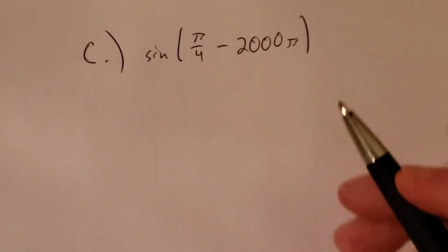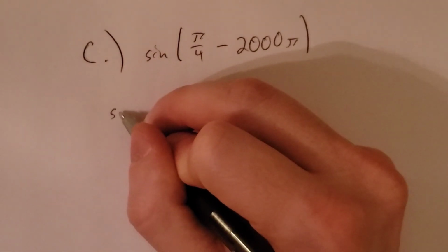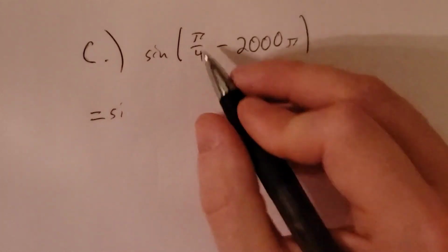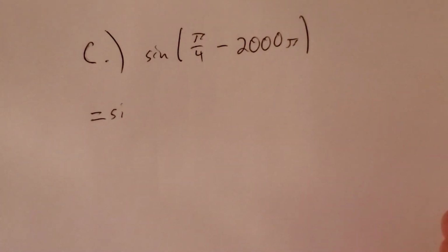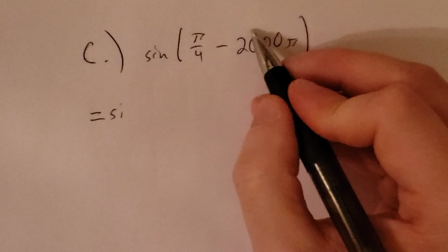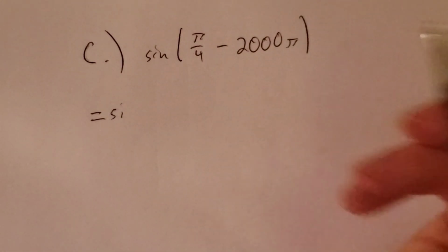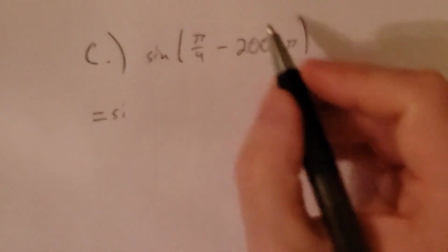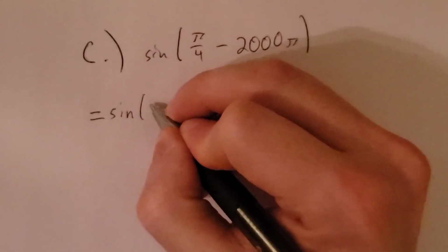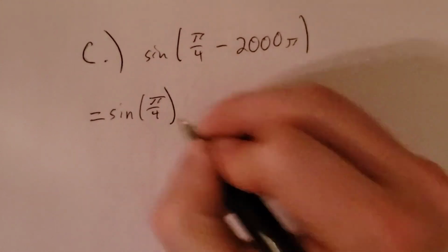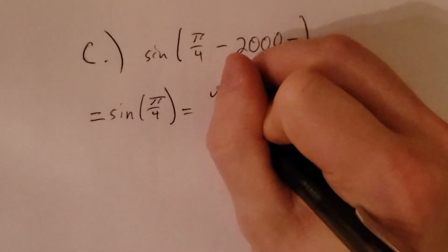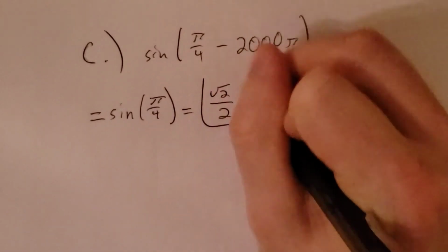So if we add 2,000 pi, which is 1,000 times 2 pi, back, we'll get the same value. So this is just the same as sine of pi over 4, which is root 2 over 2.